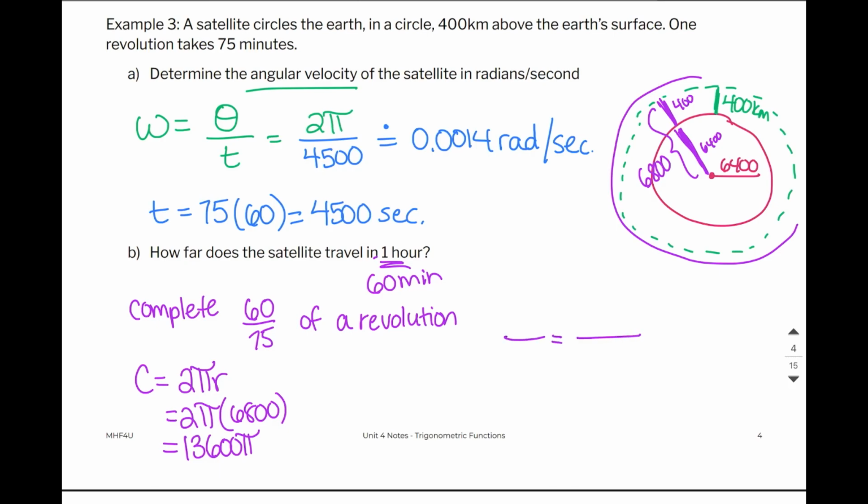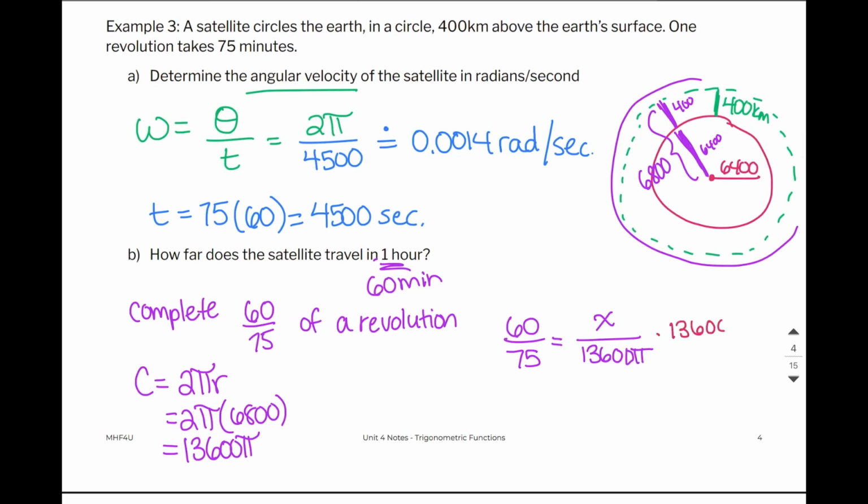But I'm going to set up a proportion to figure out what's really going on here. So 60 out of 75 is going to equal my x over 13,600 pi. To isolate that x, I'm going to multiply both sides by 13,600 pi. So x is going to equal 60 times 13,600 pi all over 75.